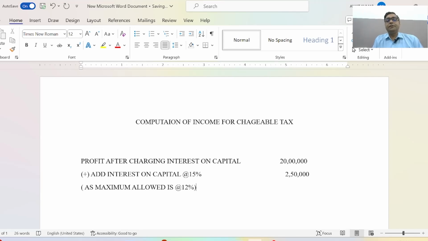Now we will take the tax exemption: less allowable interest on capital at the rate of 12%.